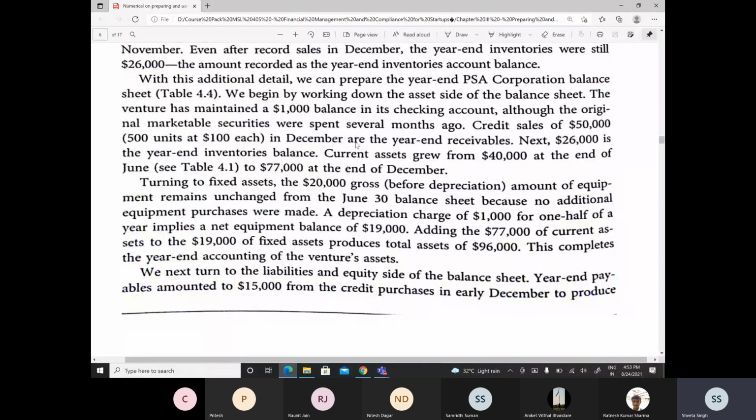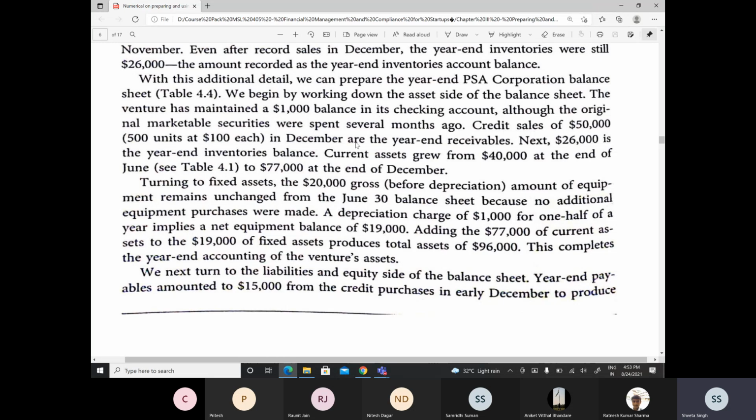A depreciation charge of $1,000 for one half of the year implies a net equipment balance of 19,000. Adding the 77,000 of current assets to the 19,000 of fixed assets produces total assets of $96,000. This completes the year-end accounting of the venture's assets. So now we have calculated what the assets should look like.